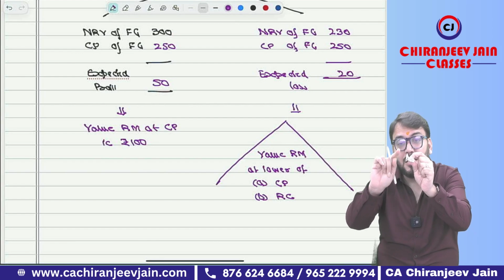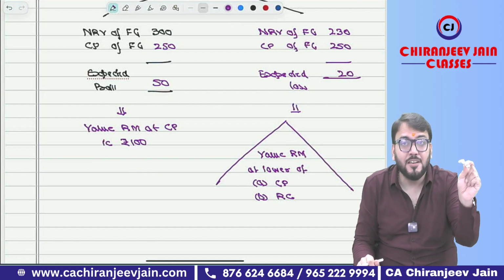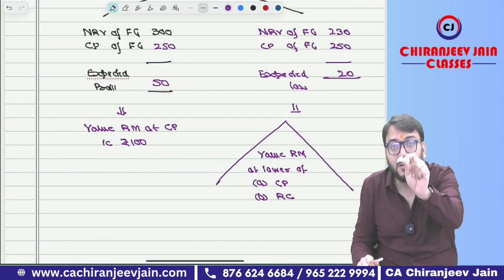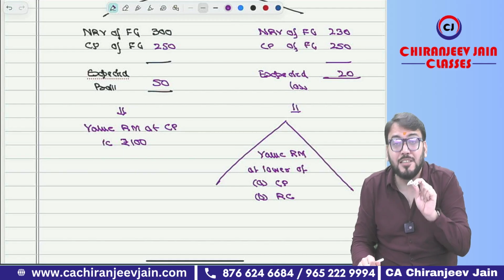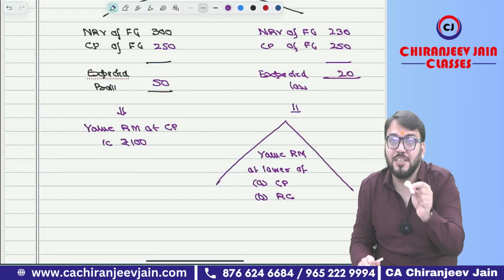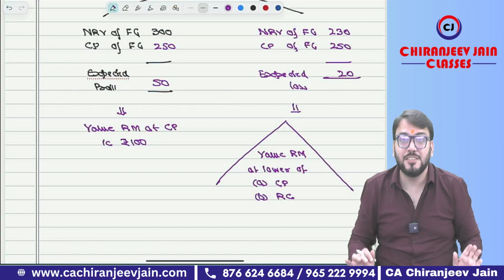If the competitor is purchasing at 80 and we purchased at 100, it is quite possible the cost price of finished goods produced by the competitor will be less than ours, and therefore we might be forced to sell at a lower price because of competition in the market.